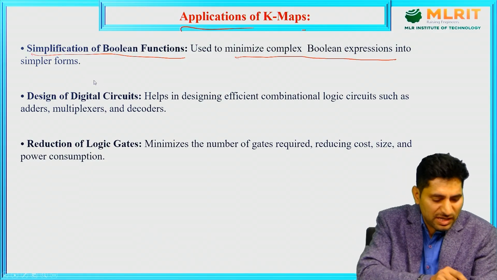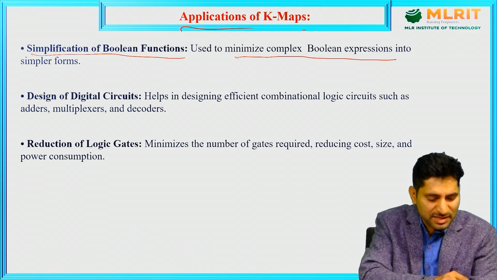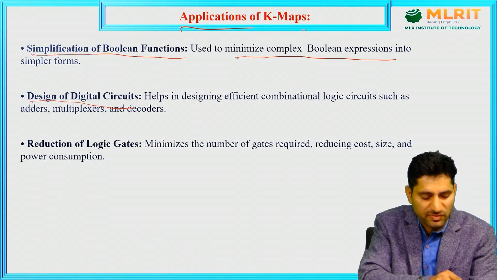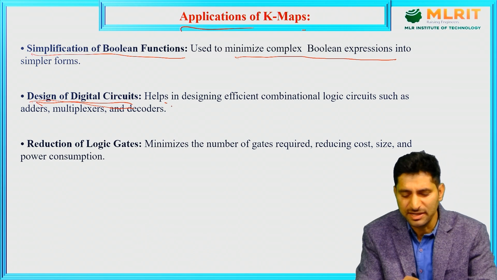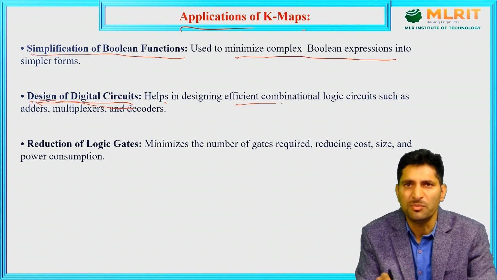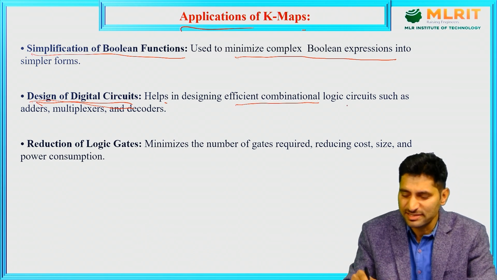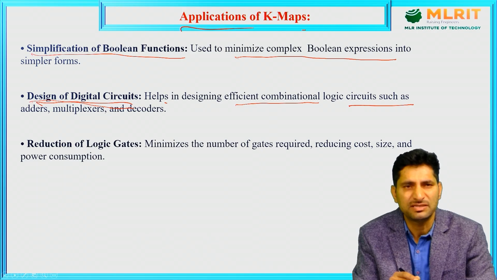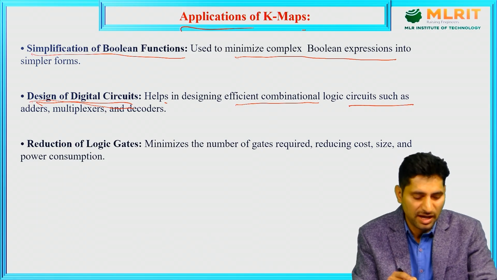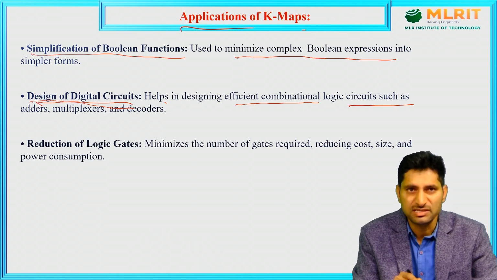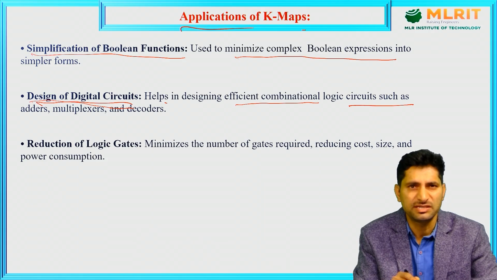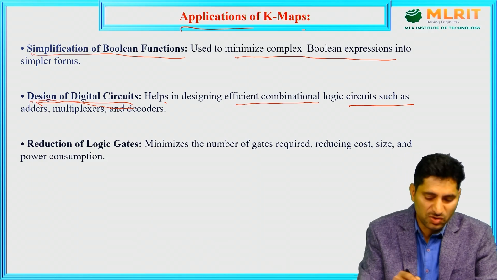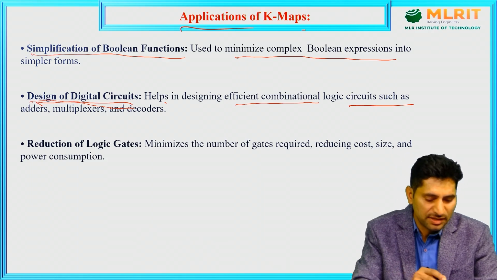Next, we apply K-maps in the design of digital circuits, which helps in designing efficient combinational logic circuits such as adders, subtractors, multiplexers, demultiplexers, encoders, decoders and so on. These combinational logic circuits are useful in designing sequential circuits like counters, registers, ALUs and so on. There we use K-maps.